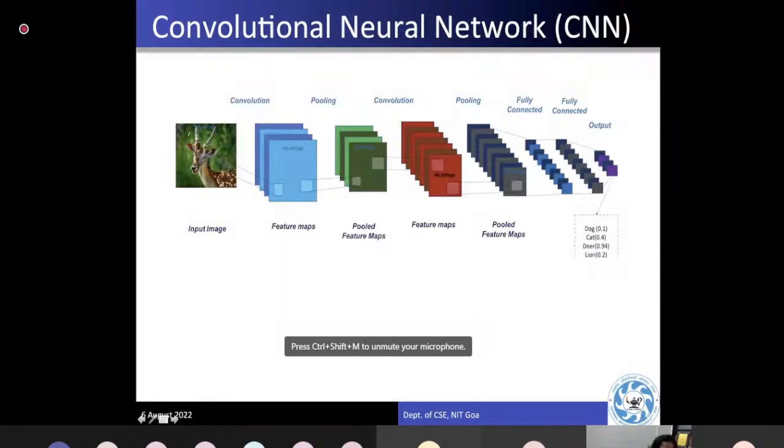In this face there are different features. One is the eyes, the second is the horn, the third is the ear. So we are not taking care of the whole face of the deer.